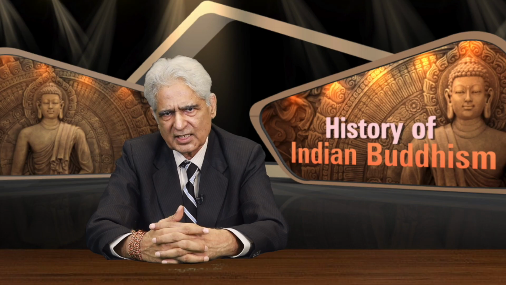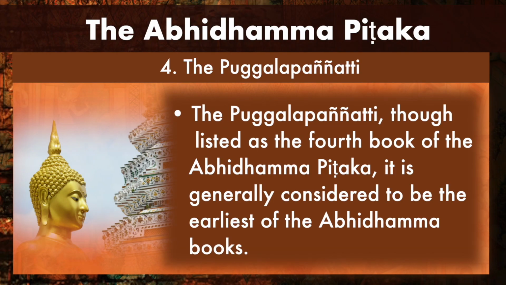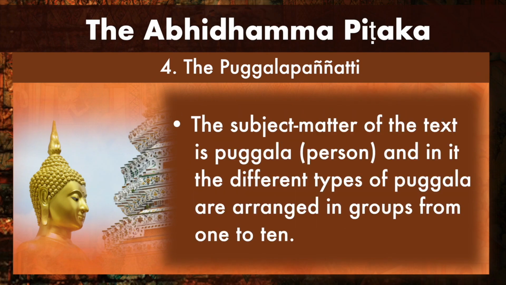The fourth text of the Abhidhamma Pitaka is Puggal Panyatti. Though listed as the 4th book of the Abhidhamma Pitaka, it is generally considered to be the earliest of the Abhidhamma books. The subject matter of the text is Puggal, person, in Sanskrit Pudgal, and in it the different types of Puggal are arranged in groups from 1 to 10.